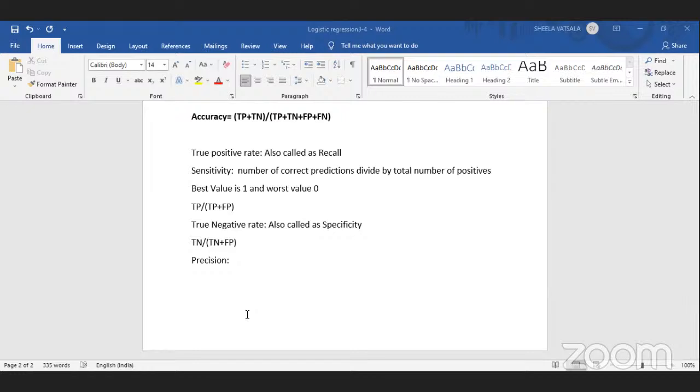And then we have a false positive rate. What is false positive rate? False positive by true negative plus false positive.